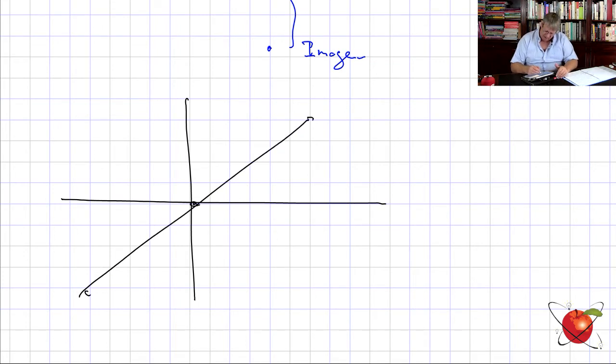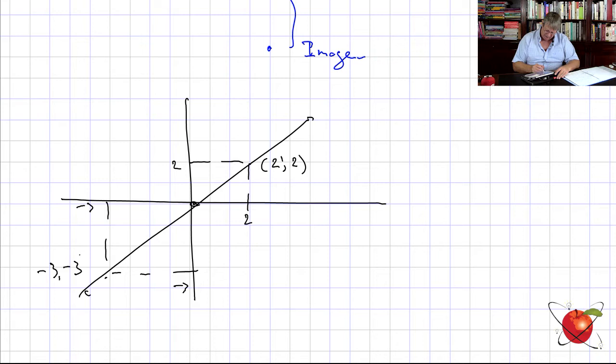Let's just take the point 2 and 2, and over here, the point -3 and -3. So that's the standard graph. Let's put down our coordinates 2 and 2, and -3 and -3. Those are our ordered pairs. This is the graph y equals x.